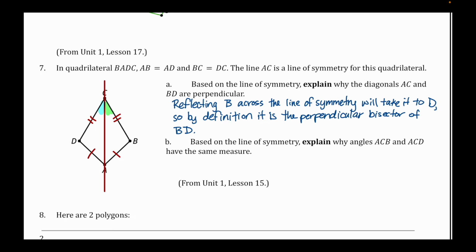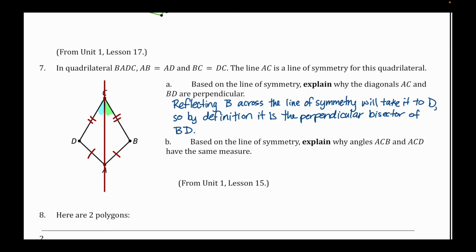We're going to say that reflecting using this line of symmetry takes B to D while keeping A and C in the same place. And because it preserves angle measure, it will take ACB to ACD. So it's essentially going to take that blue angle and reflect it onto the green one. And we know that performing that reflection keeps the angle measures the same. So if they land on top of each other, they must be congruent.